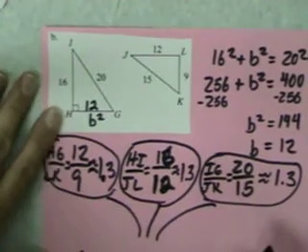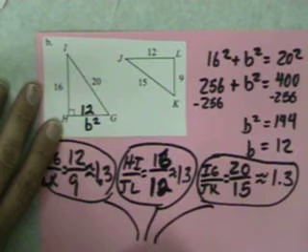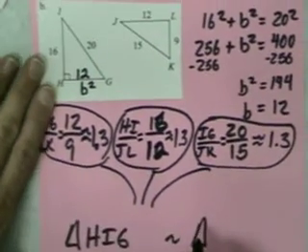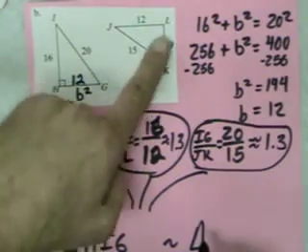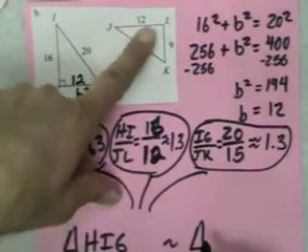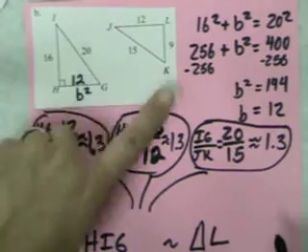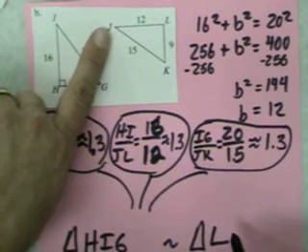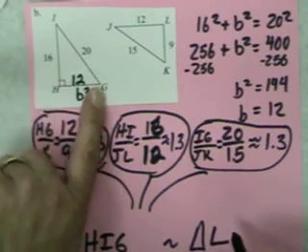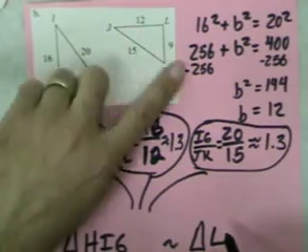Let's see if we can match up the drawing here. I'm going to call this one HIG. And let's see, H matched up with L is a verification. It's between the medium and the short. Medium and short side, so it is L. And let's see, I was between the medium and the long.